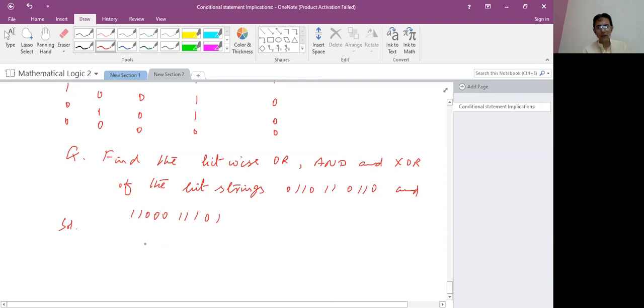So first we write about the OR operation. The OR operation is represented here, student: 0110110110. These are the bit strings, first bit string, then the second bit string.